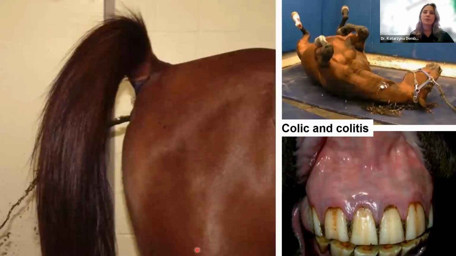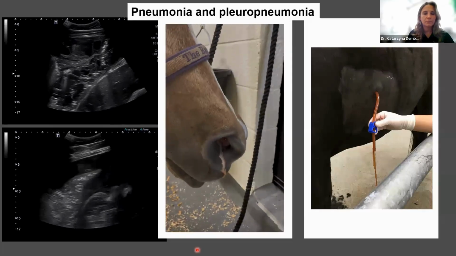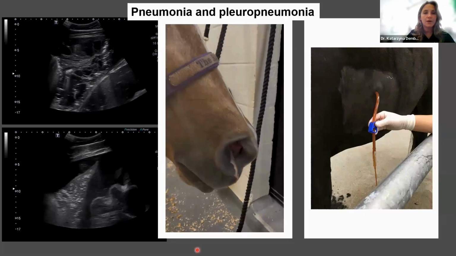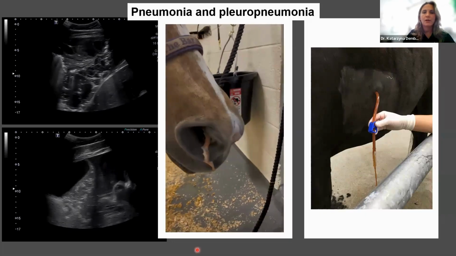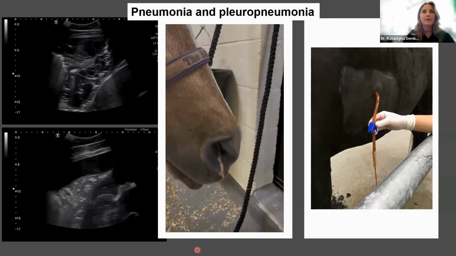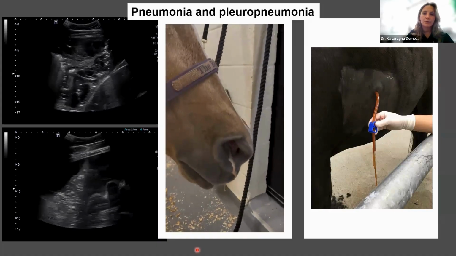Some other examples include severe colic or colitis, right? Endotoxemia. This all may result in hypothalamic pituitary adrenal axis dysfunction, as well as pneumonia, severe pleuropneumonia. And here we also have an example of a horse with pulmonary edema. So again, all those horses may already have adrenocortical dysfunction, or they may develop cortisol insufficiency during the course of the illness.